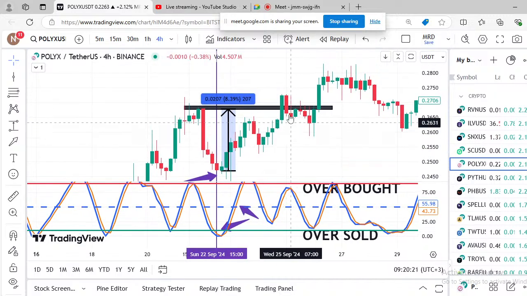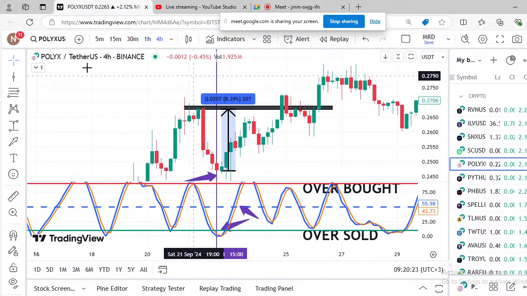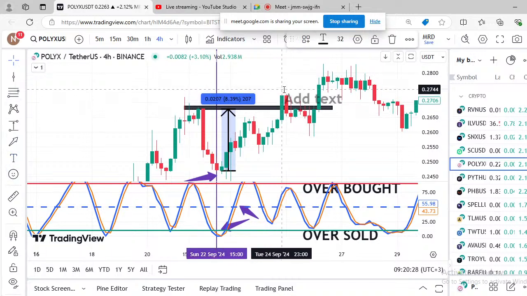You can see the market forming what we call a high at this point. This was high number 2, a higher high.